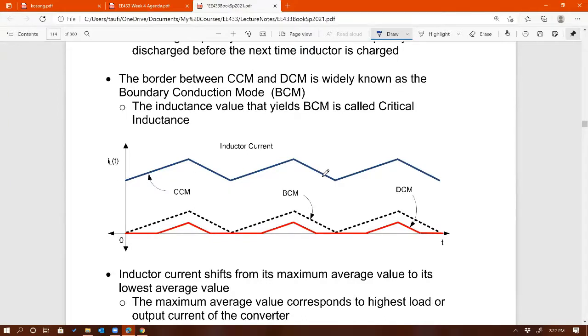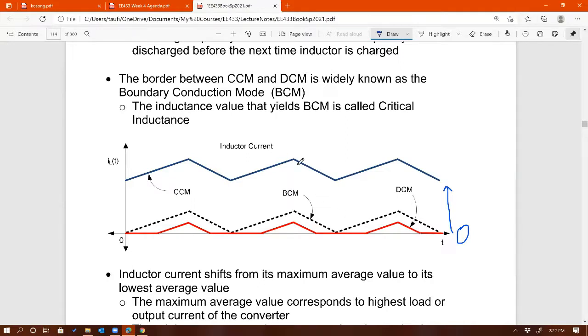Imagine this is the inductor current in the DC to DC converter, right? Triangular waveform. If that inductor current stays above 0, so this is the 0 level right there, if the inductor current stays above 0 throughout the operating condition of the converter, then that means that converter is operating in CCM, continuous conduction mode.